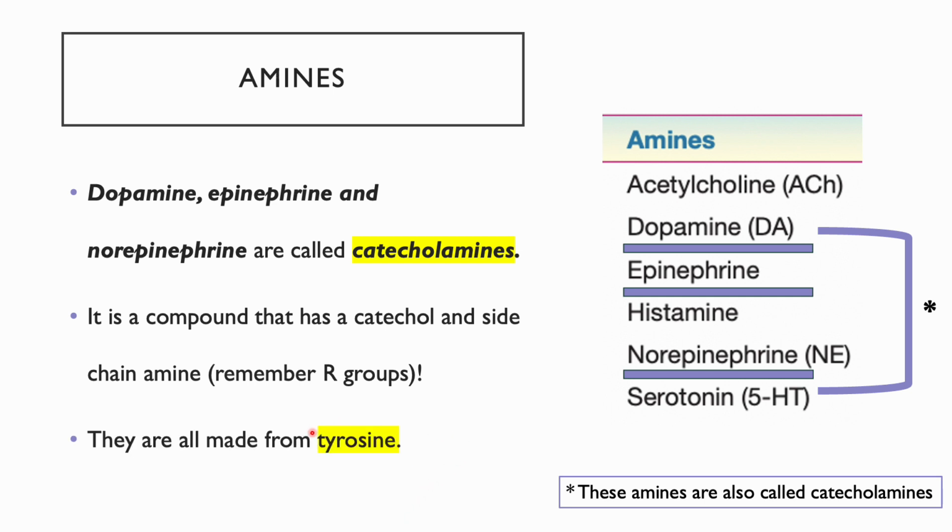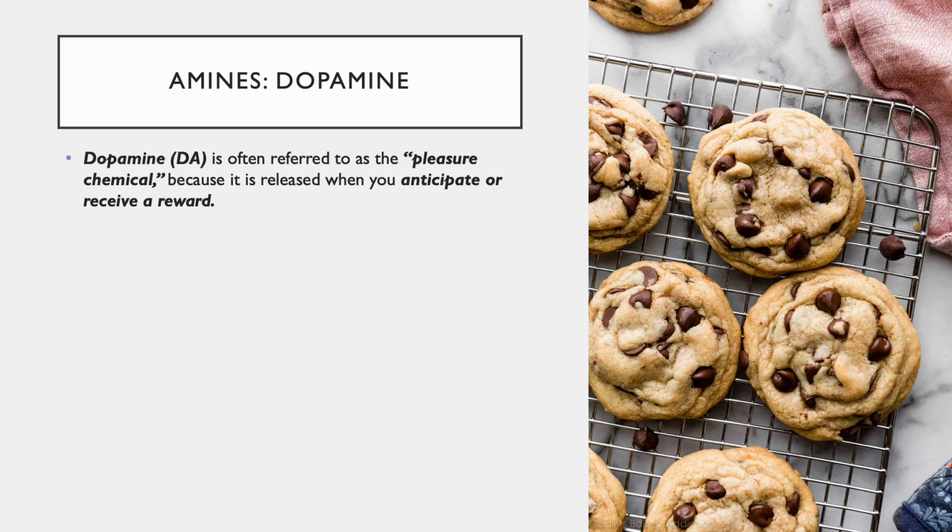Catecholamines are all derived from tyrosine. Now, dopamine is referred to as the pleasure chemical in the brain because it's released when we anticipate or receive a reward. This reward could be food, drugs, sex, etc. So, for example, if you're about to bite into a warm chocolate chip cookie, you're probably going to be producing dopamine.